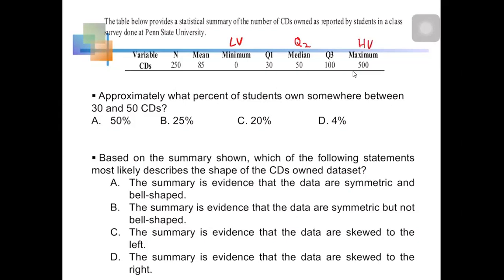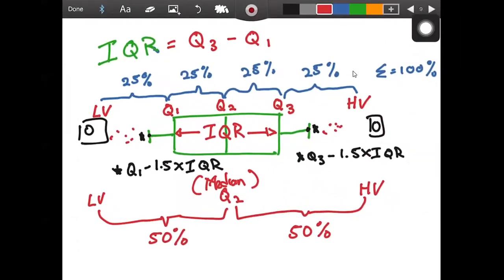So the first question here: what percent of students earn somewhere between 30 to 50 CTR? The answer is 25 because it is the difference between Q1 and Q2. From Q1 to Q2 is 25%.